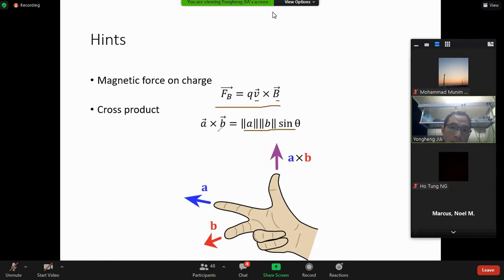You should remember that the cross product is a vector. So when you are asked to calculate a force or the velocity, you should always remember it's a vector, and you need to answer the magnitude of the vector and also the direction.